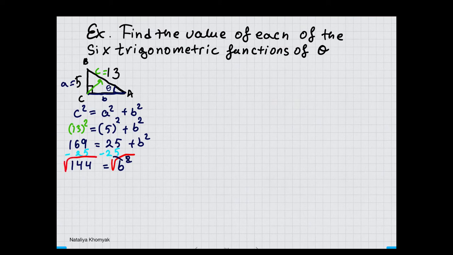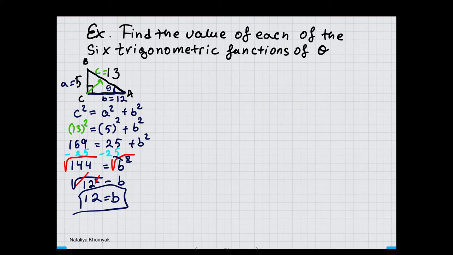We have b equals 144 can be rewritten as 12 times 12 or 12 to the second power. Once again, square root and the second power cancel. So we got b equals 12. This is not our solution, this is just the missing side.